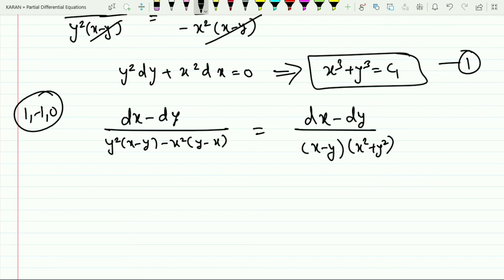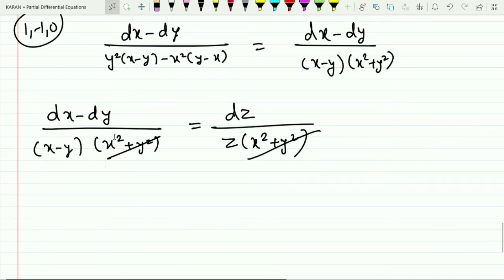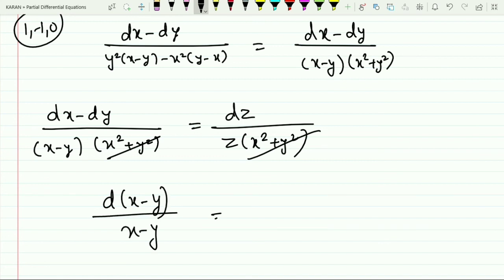Now combining the third fraction of 1 with the fraction 3. What I am saying is that (dx minus dy) divided by (x minus y) times (x square plus y square) is equal to what was the third fraction, that is dz divided by z times (x square plus y square). So this will get cancelled out. And now you can see this is nothing but derivative of (x minus y) divided by (x minus y), and this is derivative of z divided by z.